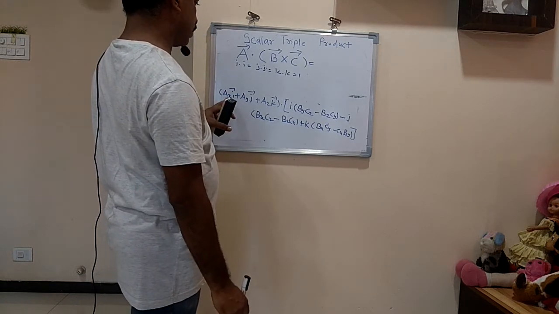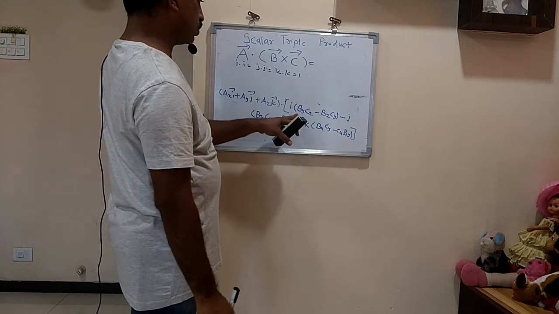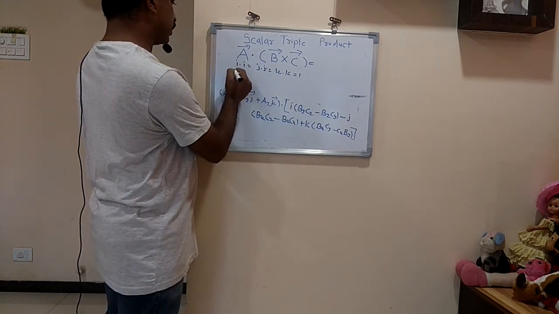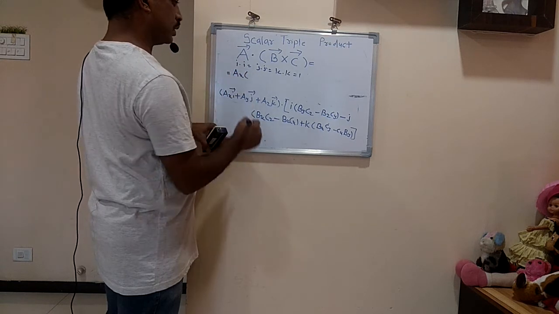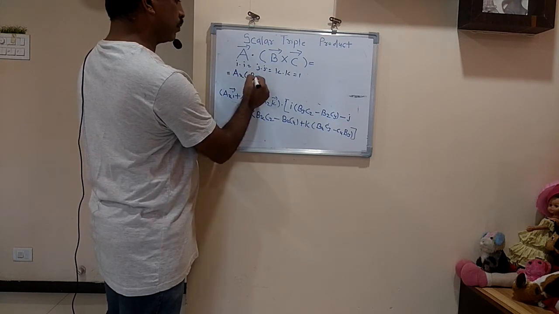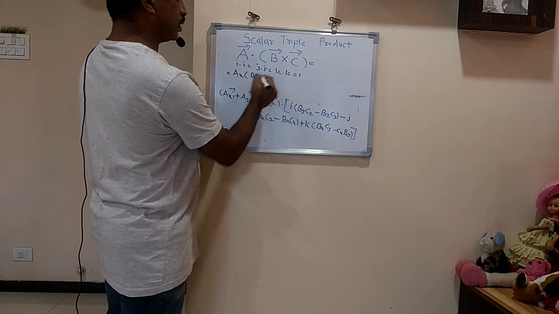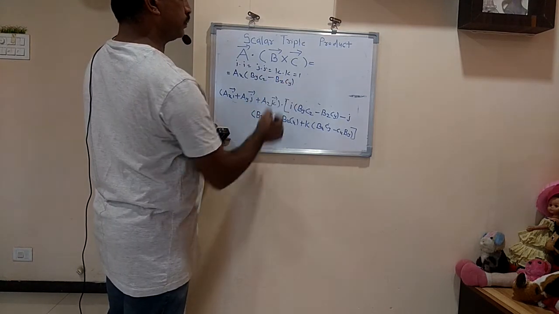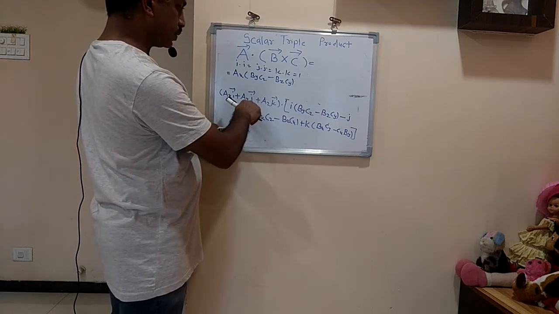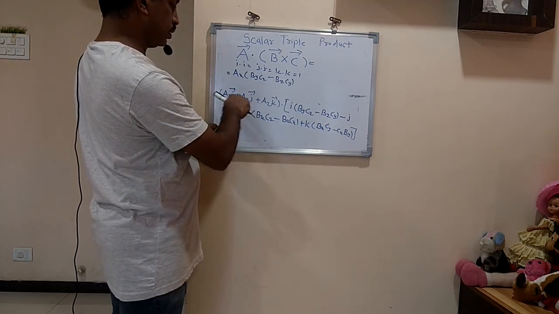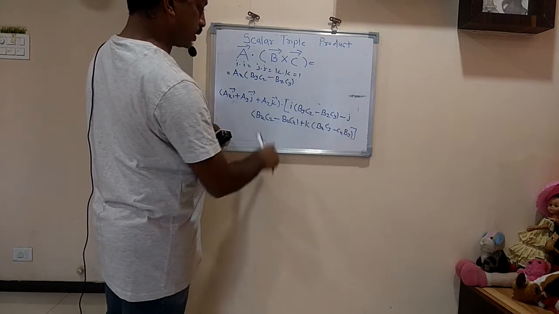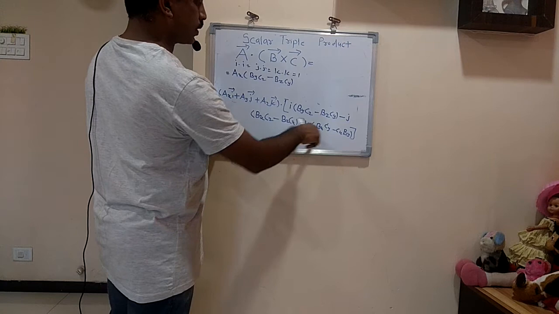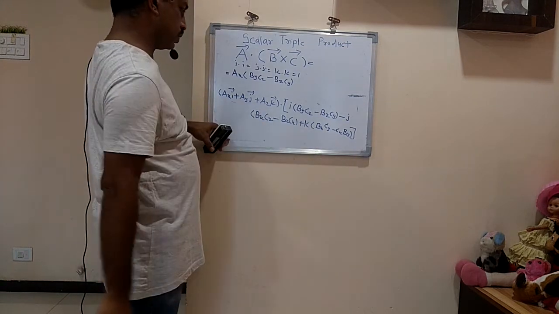So when we multiply ax i with the first bracket, i dot i is 1, so we write ax times (by cz minus bz cy). Now i dot j becomes 0, and i dot k becomes 0, so those terms are 0.